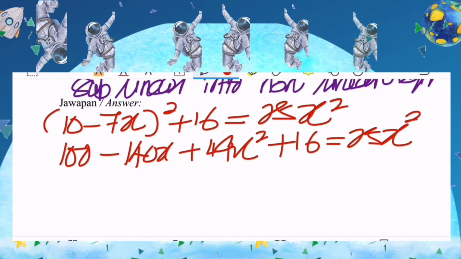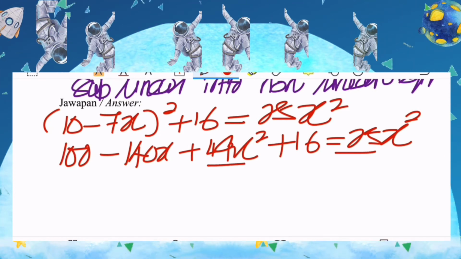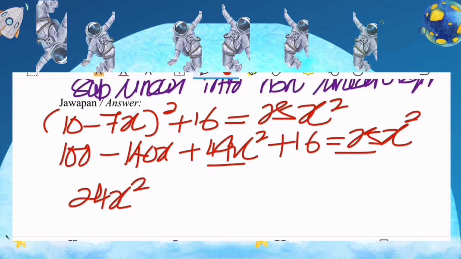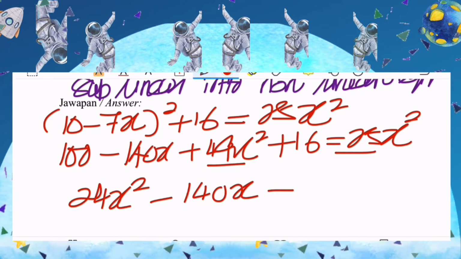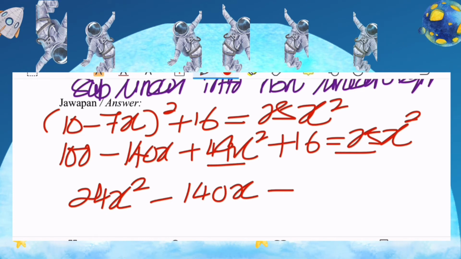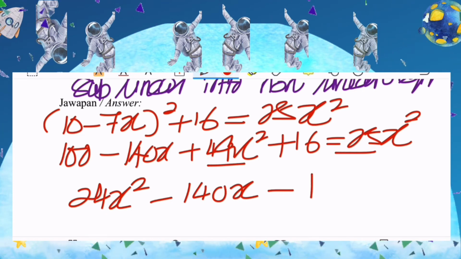Now let's simplify further to get the general form. So we have 24x squared minus 140x plus 116 equals 0.